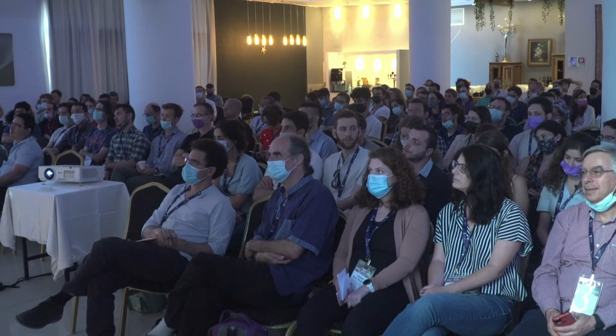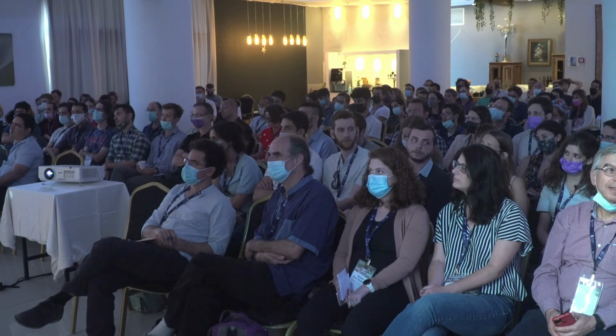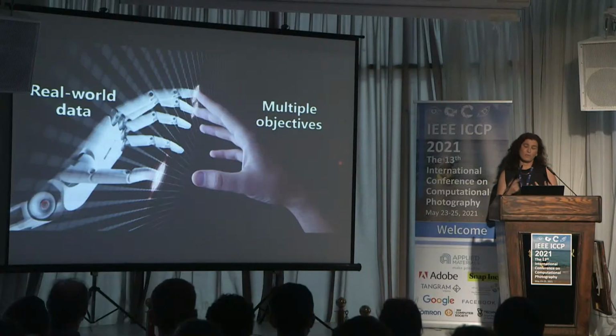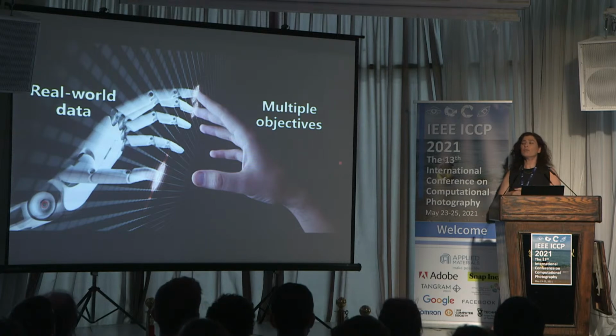Multiple objectives: my models have to be accurate, of course, fast, of course, low resources. They cannot consume the phone battery. I need to comply with all the objectives. I cannot decide, okay, let's assume that we have infinite compute. I cannot make those assumptions. This is going to run on the mobile phones of millions of people. So I'll focus on those two aspects and how we solve them.